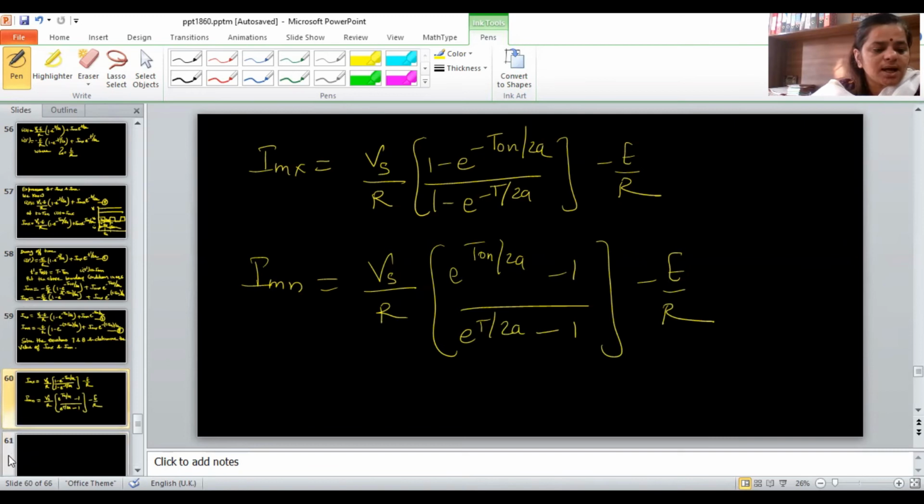Okay, so this is the third and fourth component which you are interested to calculate.